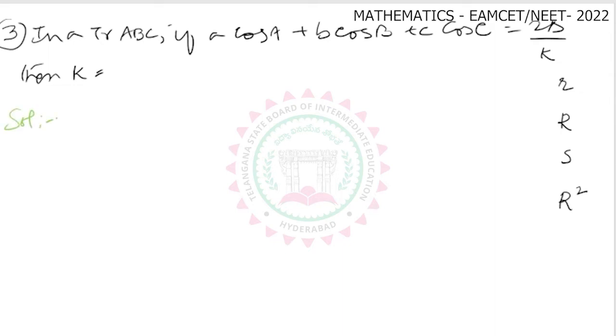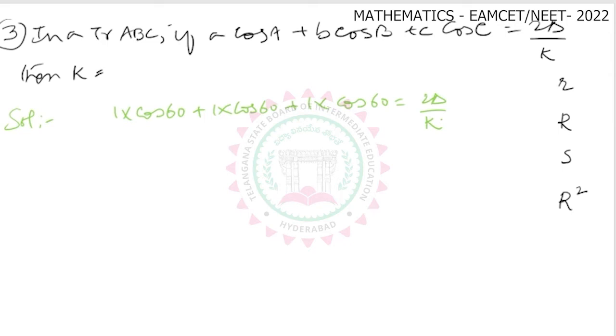So again, here also, I use the same technique. Considering the triangle is an equilateral triangle, then a is equal to 1 into cos A. Cos A is equal to cos 60 degrees. So 1 into cos 60 degrees plus 1 into cos 60 plus 1 into cos 60 is equal to 2 delta by k. Right?